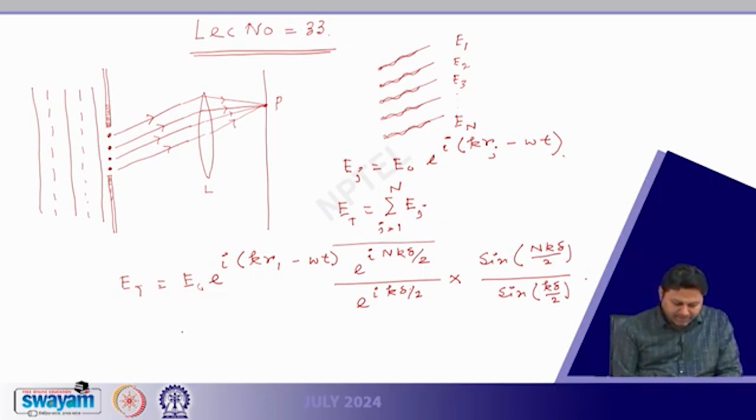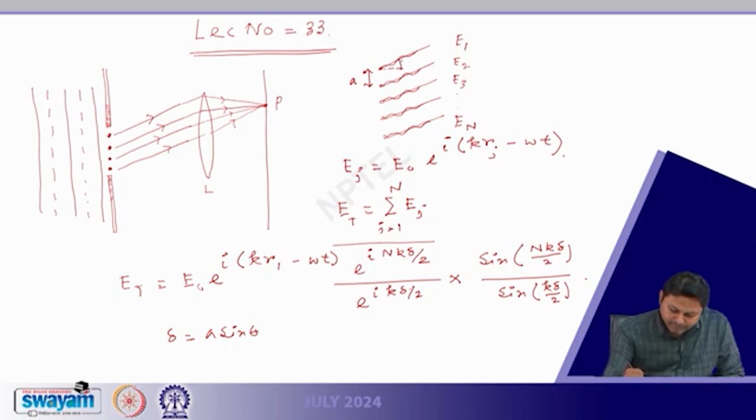where delta is the important term. Delta was a sine theta, where a is this distance between two consecutive source points, and theta is this angle.